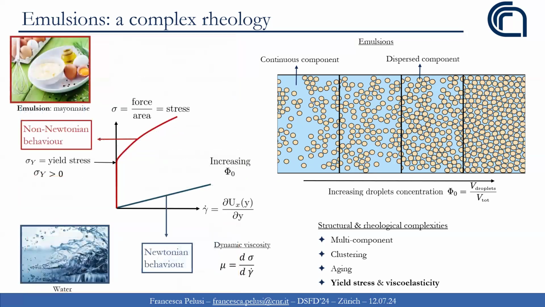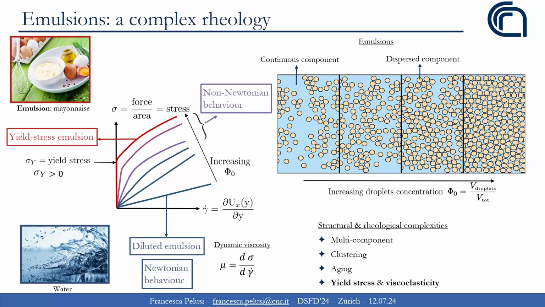Just to give you an idea of why we call it complex rheology: if you have in mind just a simple homogeneous fluid like water, then you will have a rheological curve that is linear, as in this case. This means that the dynamic viscosity is constant. Otherwise, in the case of non-Newtonian behavior, we have a viscosity that depends on the value of the shear rate. This is the difference and the reason why we call it complex rheology.